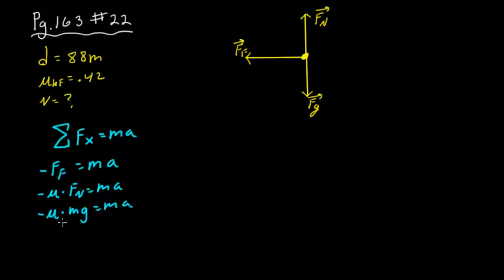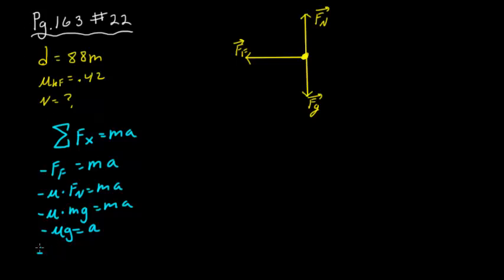And now we can cancel some things out. So negative mu, when we divide by m, we cancel those out, and we're left with negative mu times g equaling a. I can plug in the values now.